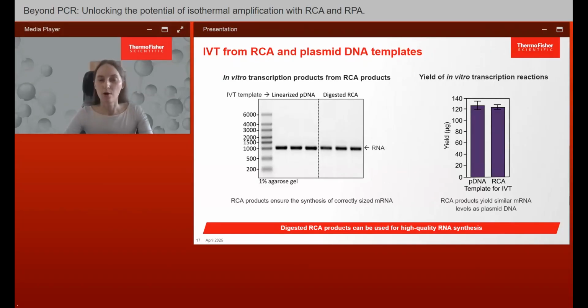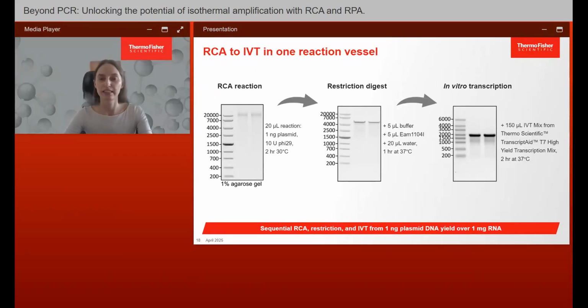What is even more interesting is that we can perform this workflow in a single tube. Firstly, we amplify plasmid DNA via RCA reaction, then restriction reagents are added directly into the same tube, and after digestion, IVT reagents are supplemented.